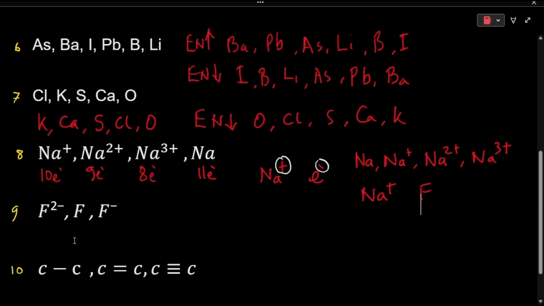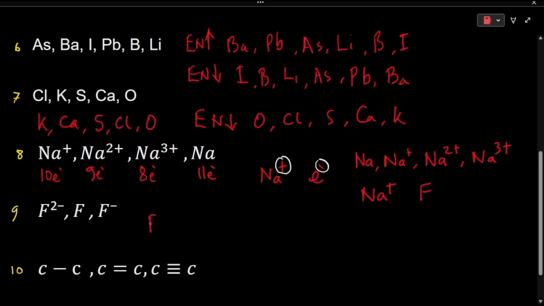Now, for anions, the opposite is the case. Generally, anions are bigger than their parent atom because they have acquired extra electrons. And the more electrons it acquires, the greater its size becomes, and the lesser the nuclear influence on the extra electrons.